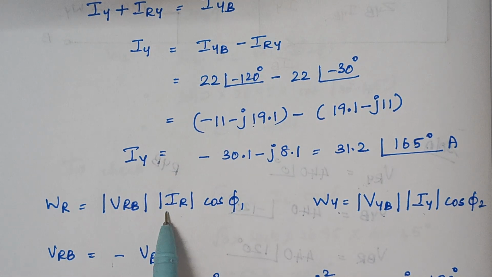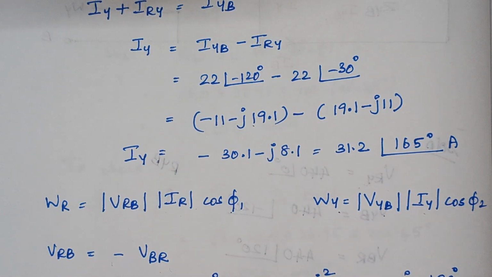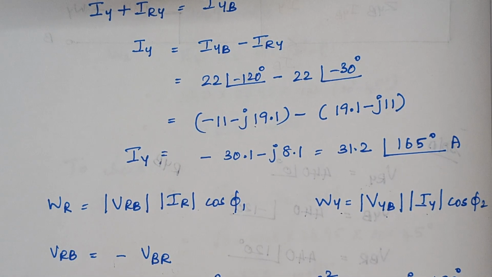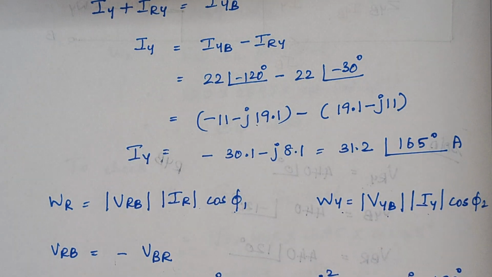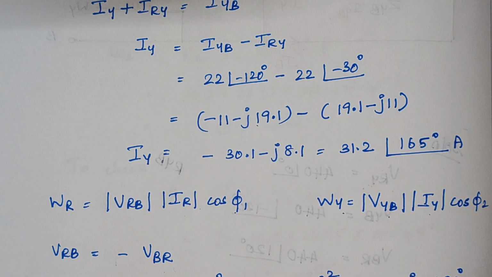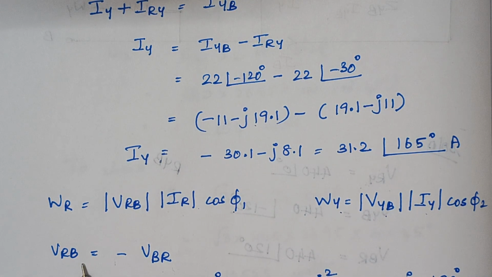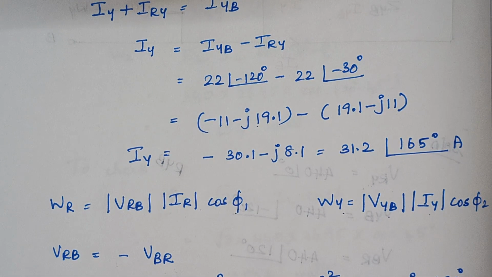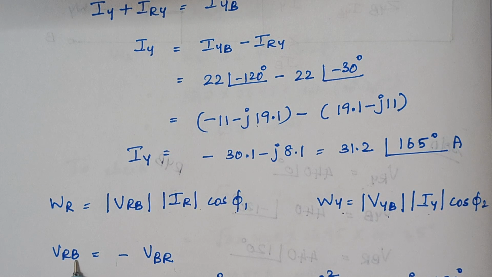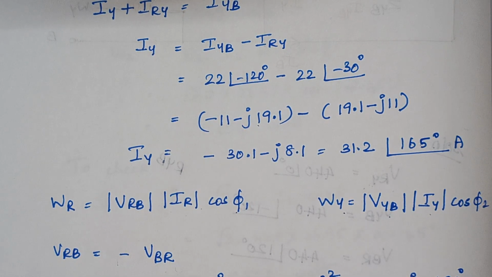Just now we have calculated the values of IR and IY. The rest we need to calculate, that is VRB, VYB, and similarly cos phi 1 and cos phi 2. Here you see VRB can be written as minus of VBR, because we are reversing the phase sequence. So there is a minus sign here.